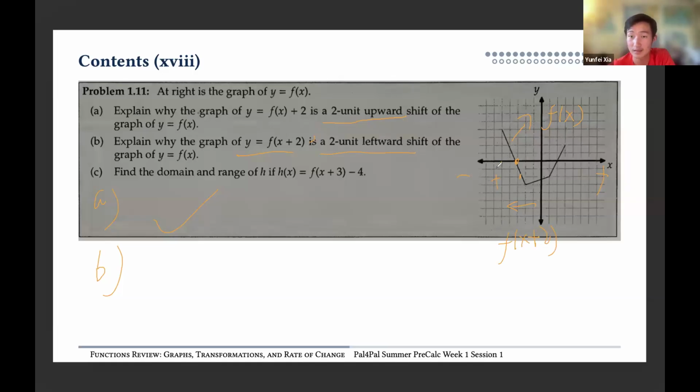Is it making sense? Are you remembering the stuff from algebra 1 or algebra 2 or something? So it is shifted left because every point corresponds to a point that is 2 units to the left of it.